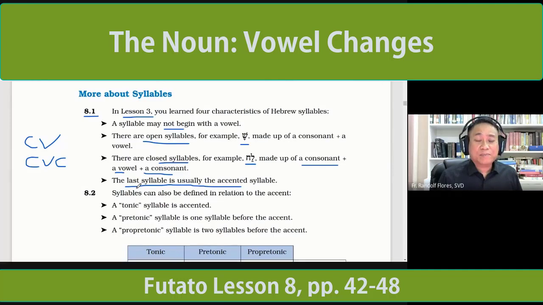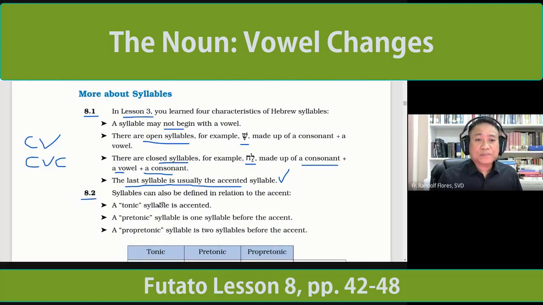If there are exceptions, I told you that you should pronounce this rather than that. But basically, all Hebrew nouns and words are accented on the last syllable. Okay, so that's a review.